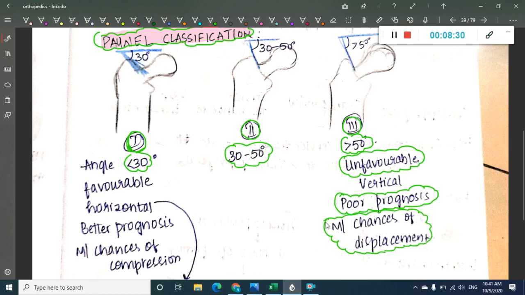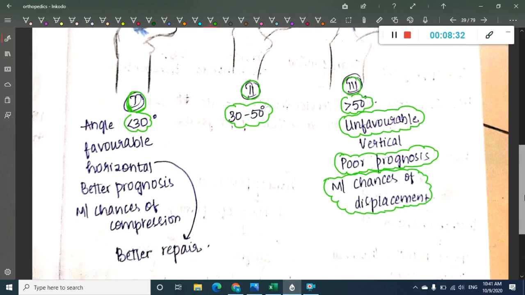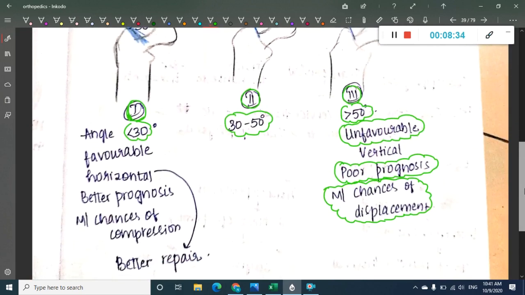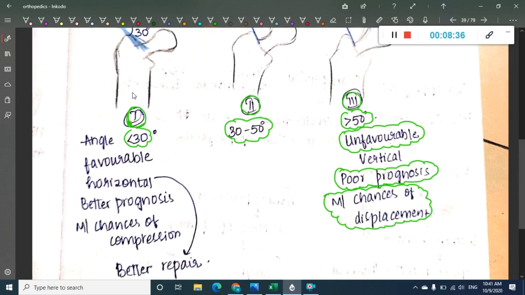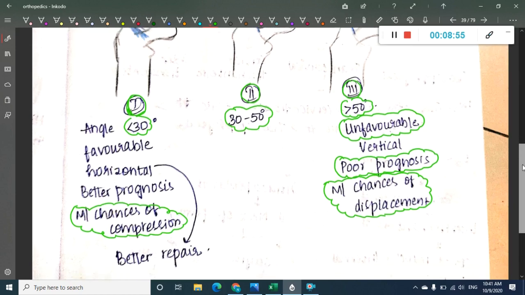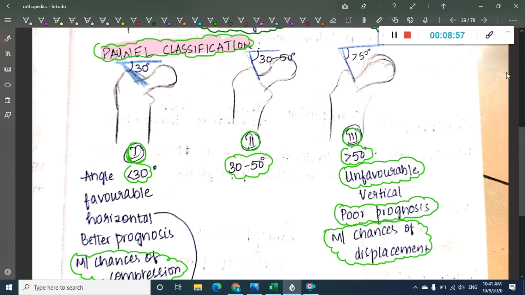Whereas in Pauwels' classification grade 1, the fracture is horizontal and it has a better prognosis, and this has more chances of compression. Okay, more chances of compression are present in type 1, whereas more chances of displacement are present in type 3. Unfavorability and poor prognosis are present in type 3. So this is Pauwels' classification.